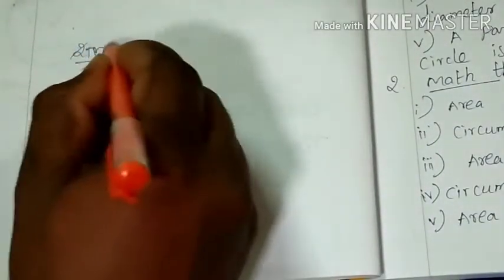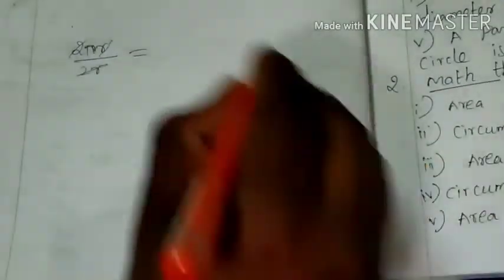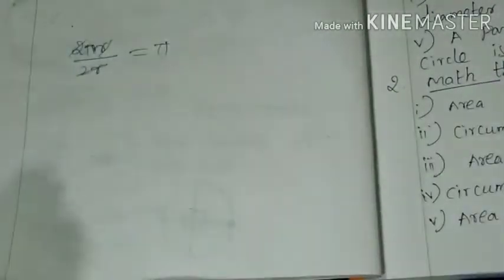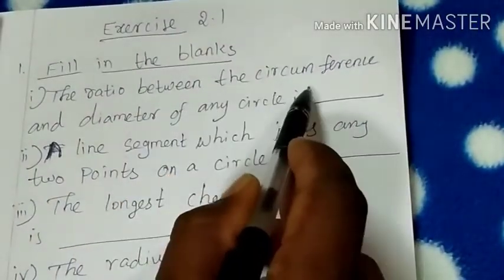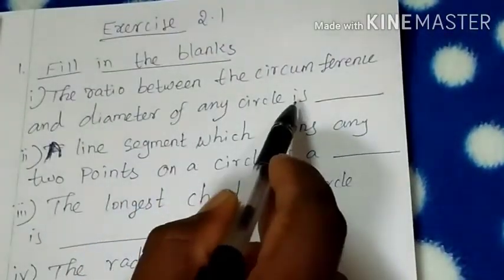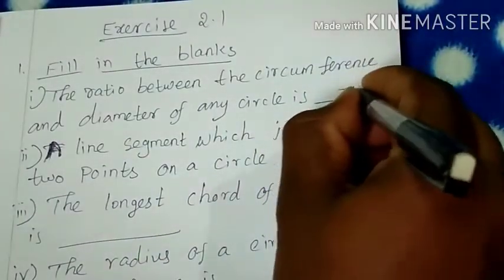The 2r cancel, remaining pi. This is your answer. The ratio between the circumference and diameter of any circle is pi.